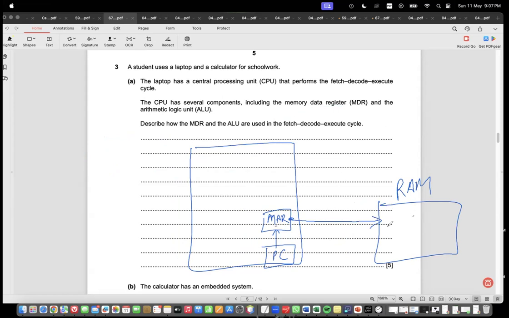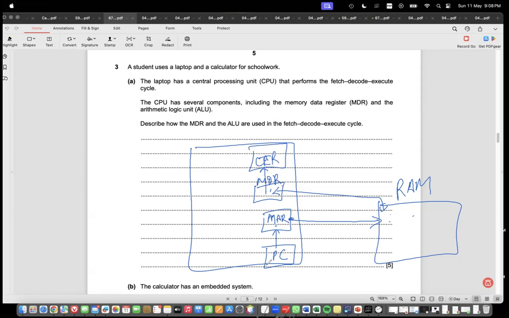Once we locate this address in the RAM, MDR will fetch the data or instruction from the RAM using the data bus. Then CIR is fetching this current instruction or data from the MDR. So you can see this fetching operation happening everywhere. From the PC, the address will be fetched by the MAR.